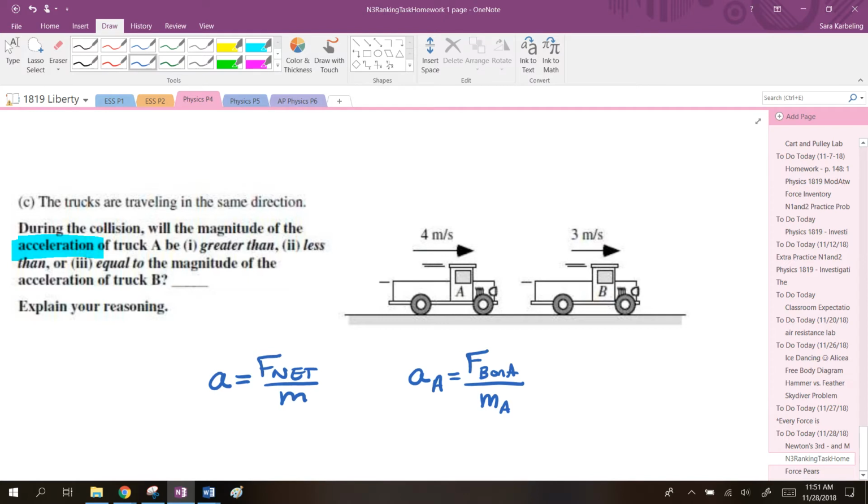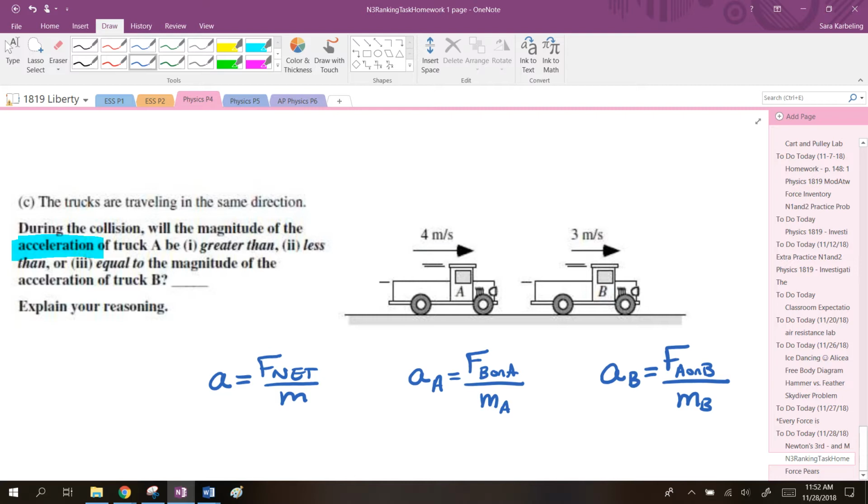The acceleration of A is equal to the force of B, because that's the only force acting, divided by the mass of A, okay? And then we can say the acceleration for car B is equal to the force of A on B divided by the mass of B. Is that okay also? Now, you don't have to have this all written out to get the answer, but it's a nice way to say it.